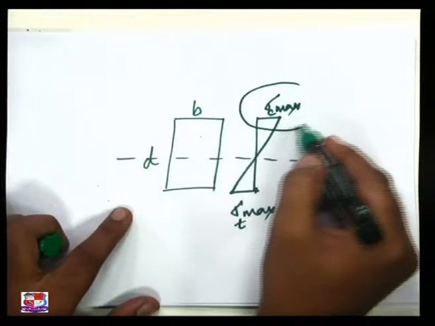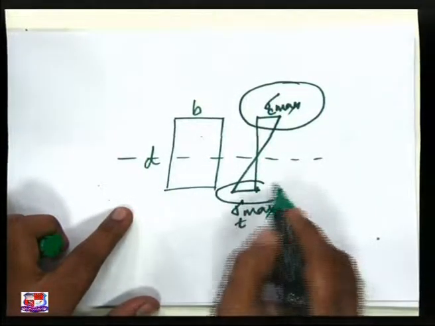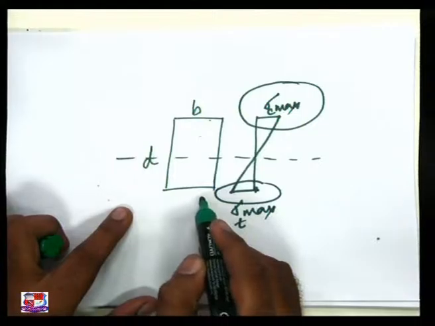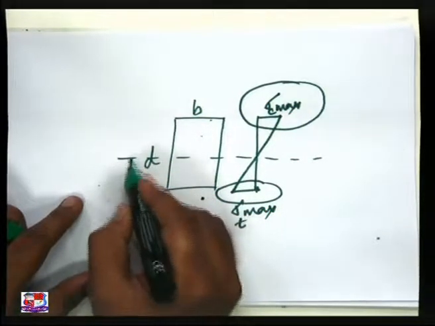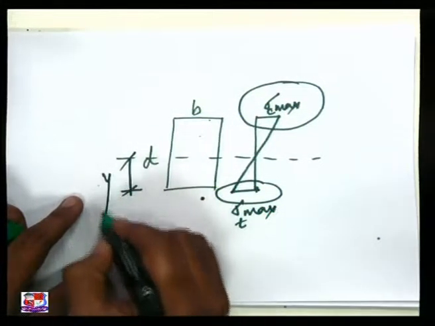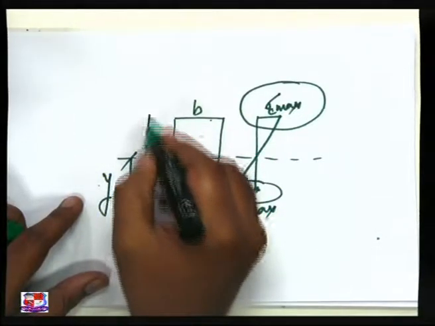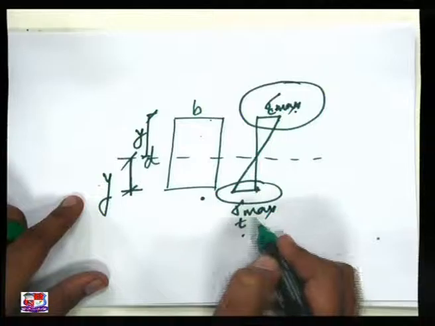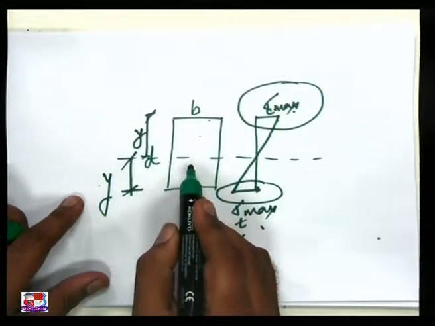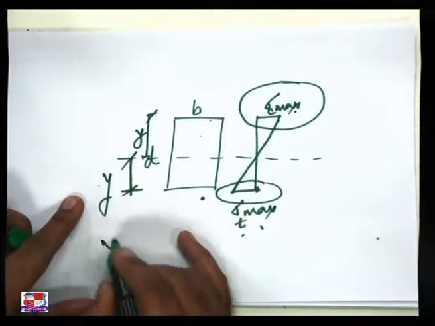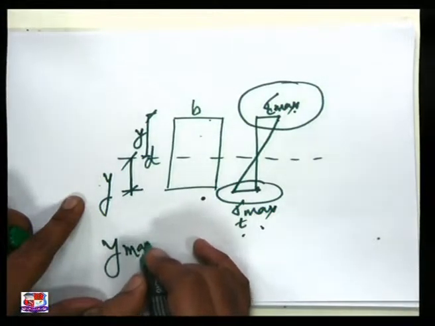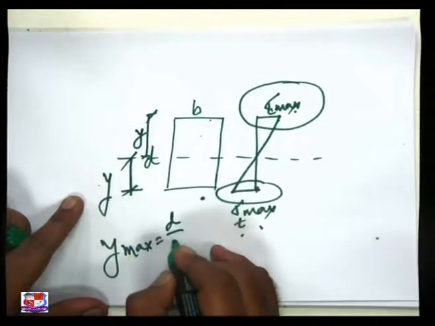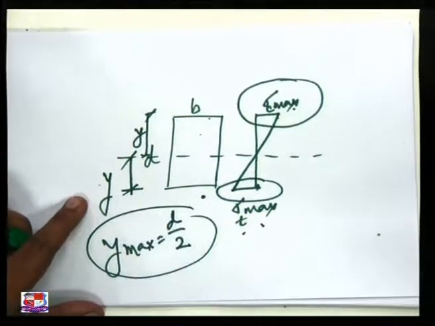Maximum bending stress occurs at the top and the bottom fibers, and this is my Y. This sigma C max is equal to sigma T max. Given section is a symmetrical section. So Y max is equal to D by 2.